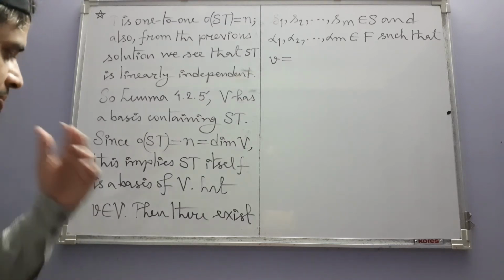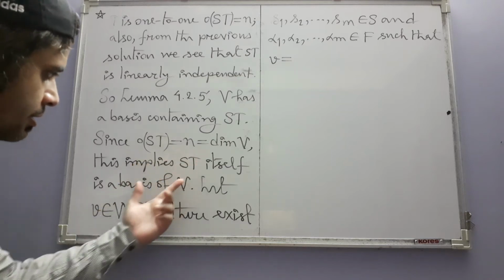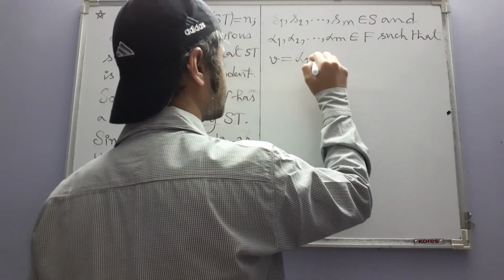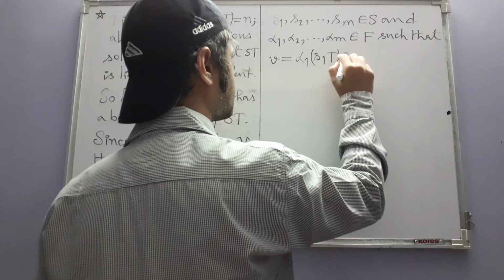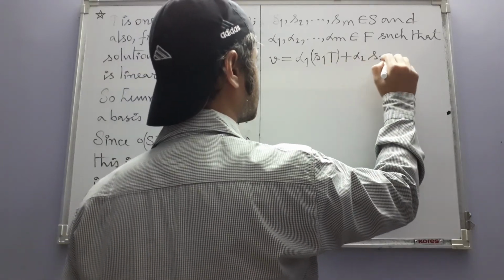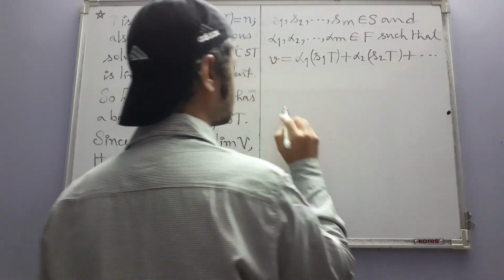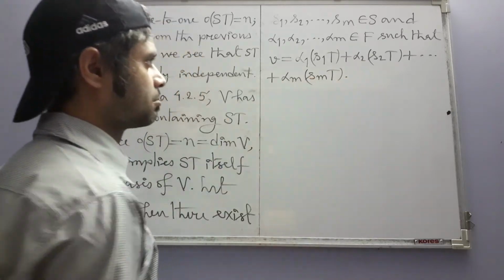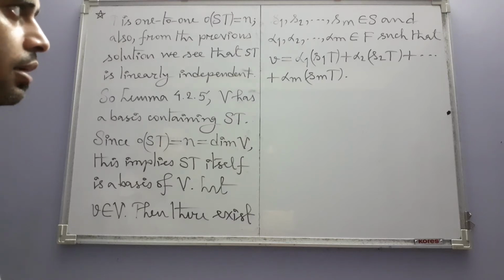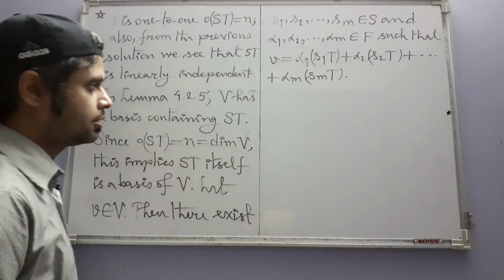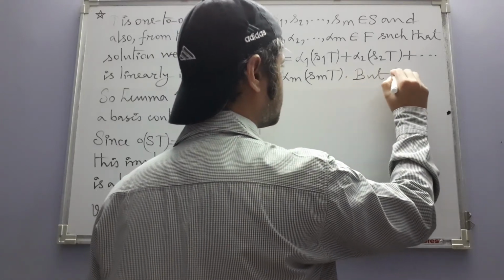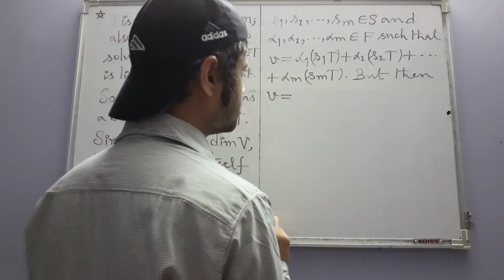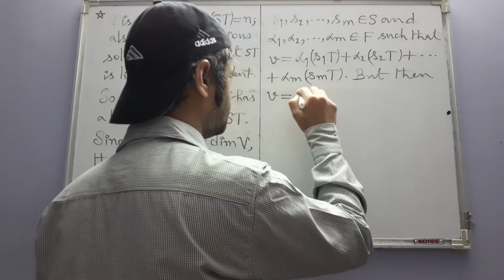Remember what we are going to do. We are now using the fact that ST is a basis of V. So we have written v as a linear combination of some vectors from ST, but then v becomes this because T is a homomorphism.